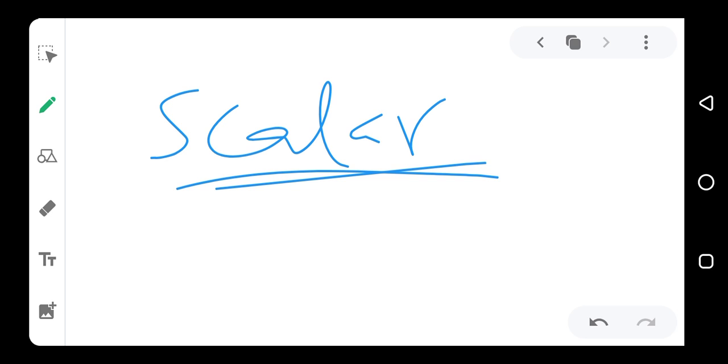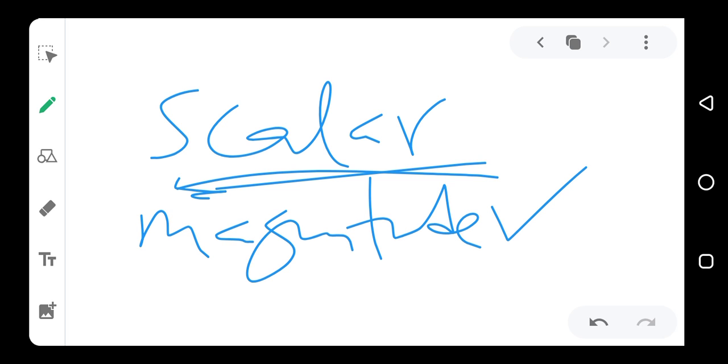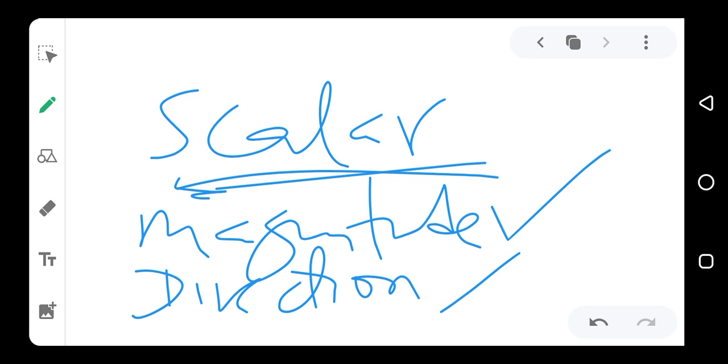Example is speed. So we have magnitude, it has it. Direction, it does not have it for scalar quantity.